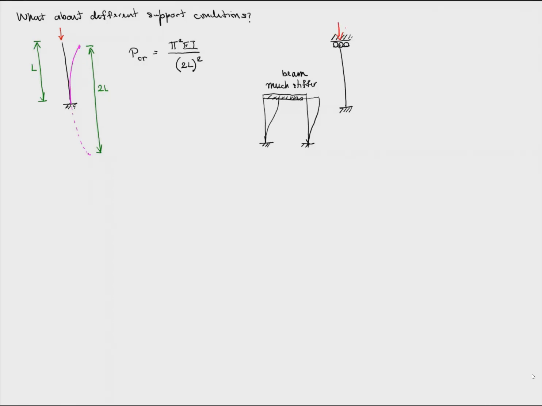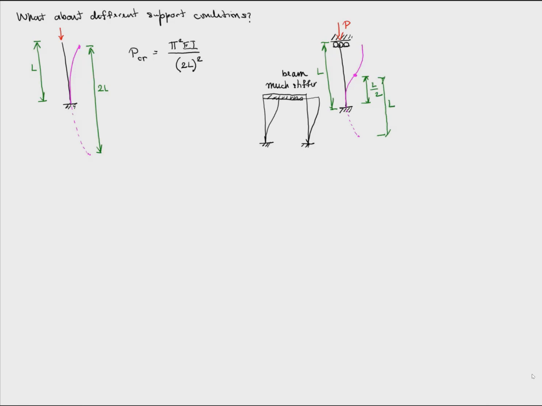So let's say we apply an axial load here. Now if we look at the buckled shape of this column, it's going to be like this. And because this is symmetric, the point of zero moment must occur exactly at the middle, so that if the total length is L, then this must be 1/2 of L. Now if we look at the mirror image of that, then that segment looks like a simply supported column.